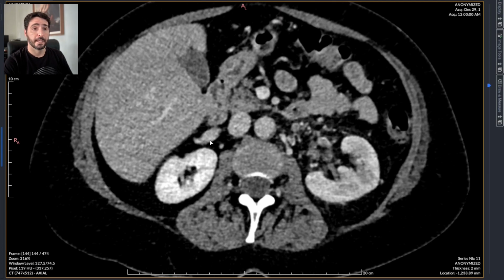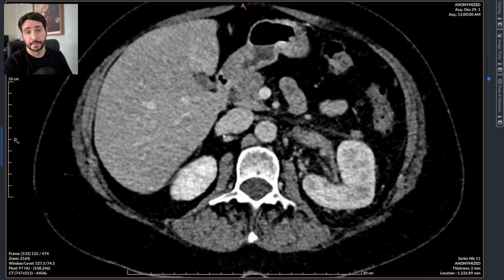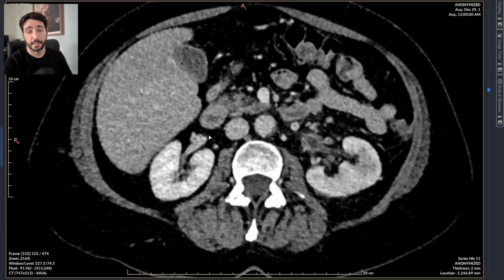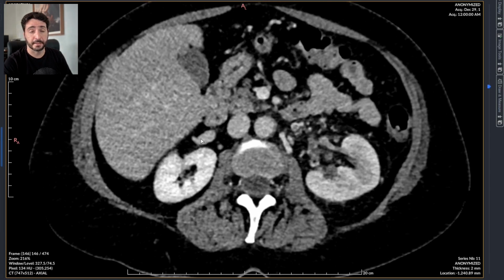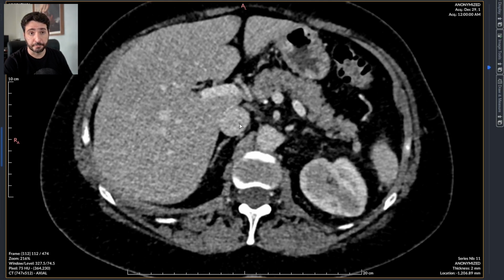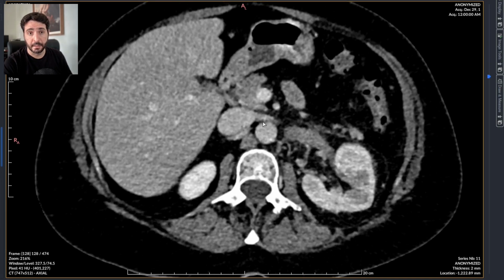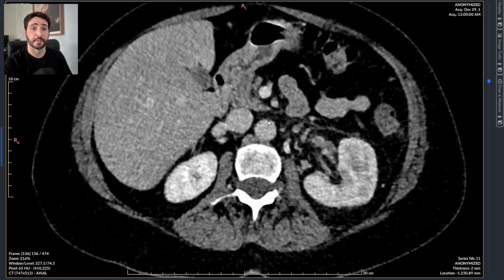So this is the right kidney vein. This is the vein that takes the blood from the right kidney back to the inferior vena cava, the inferior vein of the abdomen.